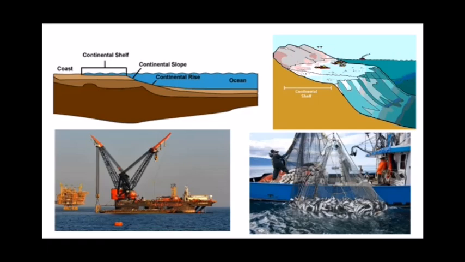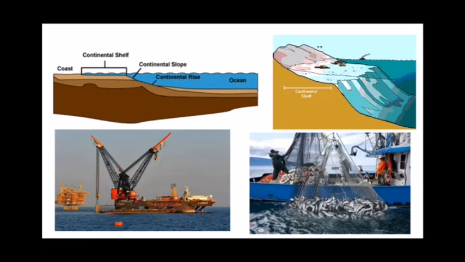As this part is shallow, not that deep, and the sunlight reaches the bed of this place, many aquatic plants like algae and plankton grow here. This is the food for the fish. Because algae and plankton grow there, many fishes are attracted towards this food and they come and feed there. That is why there is a lot of fishing going on in the continental shelf.